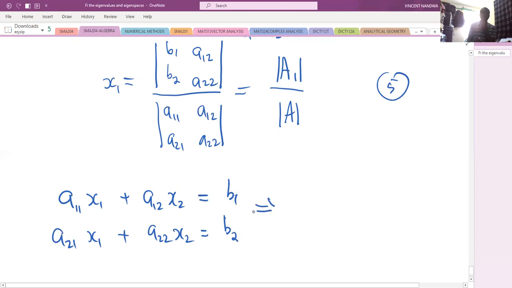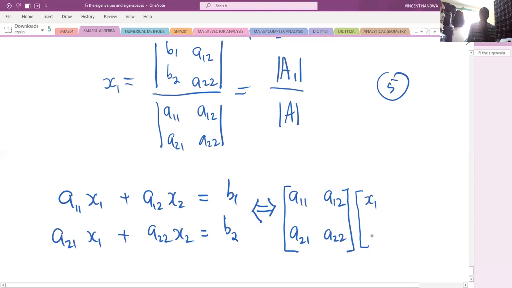And you see, if you write the matrix equation, we'll have a11, a12, a21, a22, x1, x2, which is given by b1, b2.